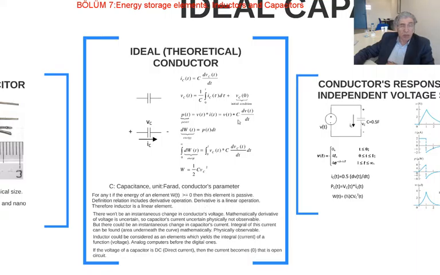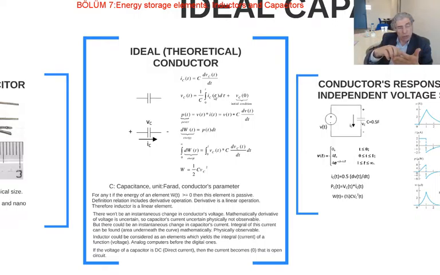Why is that? Because the derivative operation and also the integral operations are all linear operations. How am I calling these operations linear? Because we already proved that, for example, the derivative of the summation of two functions is equal to the summation of each function's derivative. You could use this for the integral as well.